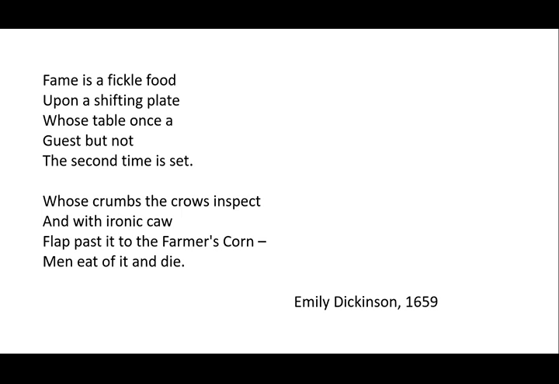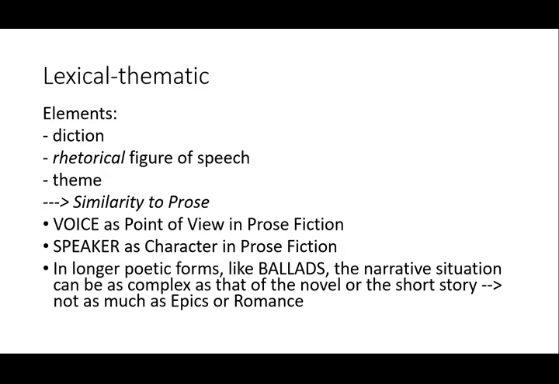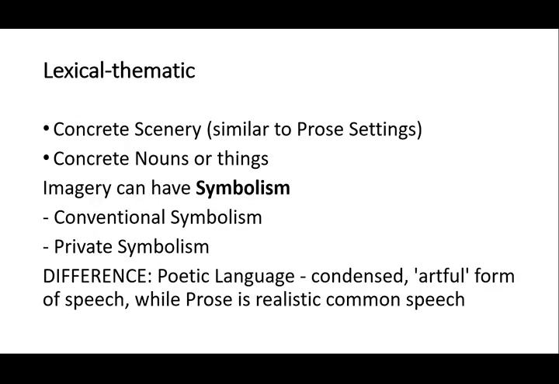So the whole poem tells you why fame is a fickle food. That can be said to be a private symbolism. You don't usually consider fame as food, but as you explain why in the poem, the audience will get how fame is like food. That is a simpler example of private symbolism, made by Dickinson.